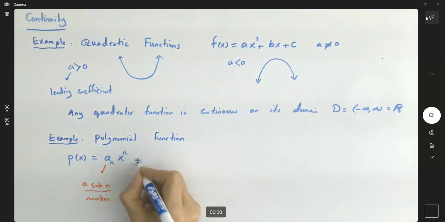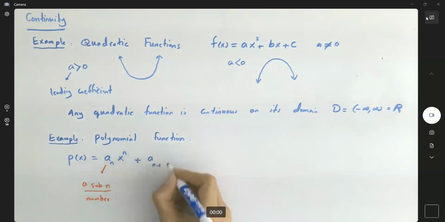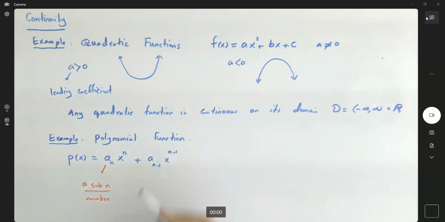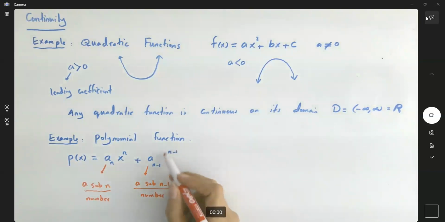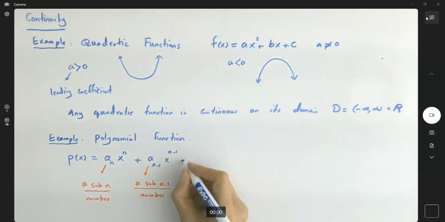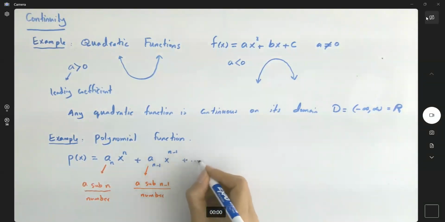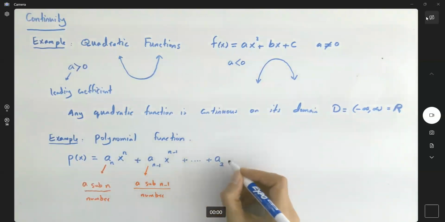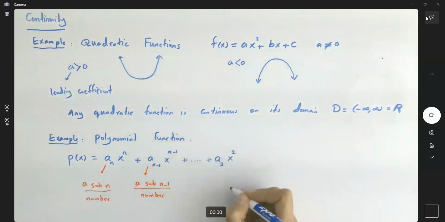The next term, a sub n minus 1 times x to the power n minus 1. We read this as a sub n minus 1, which is just another number, times x to the power n minus 1. You continue this process. You add as many middle terms as you want. A sub 2, x to the power 2.